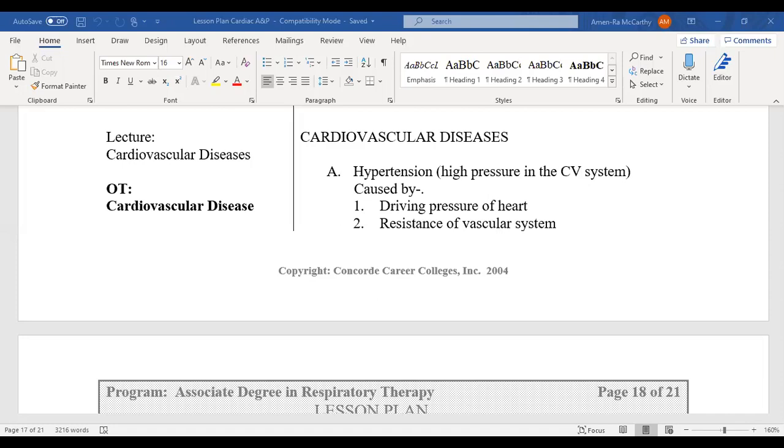You can have an ischemic heart attack or an ischemic stroke. Lack of blood flow to the brain is a stroke. Lack of blood flow to the heart is a heart attack. Lack of blood flow to your arm, you cut it off, right? It dies. So anything that has ischemia is a blockage of blood to that area.